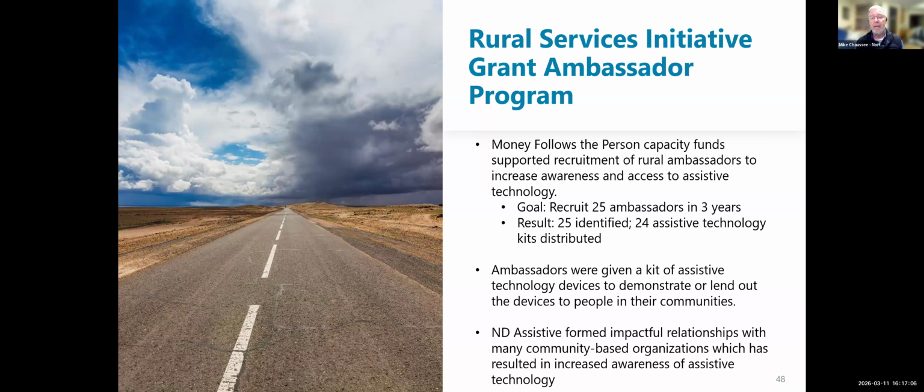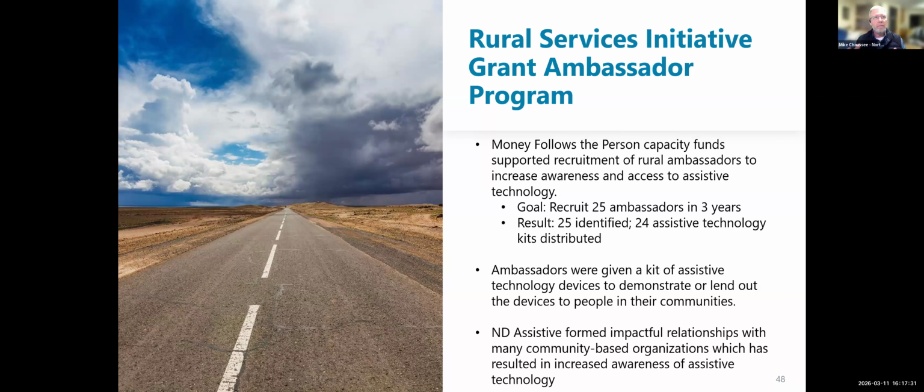So our ability to serve people from our hubs in Bismarck and Fargo, which are the 2 largest population centers in the state, gets hard. And we're trying to figure out how to reach more people in more places. And so what we came up with is the idea to create these kits of devices and get them in the hands of volunteers.